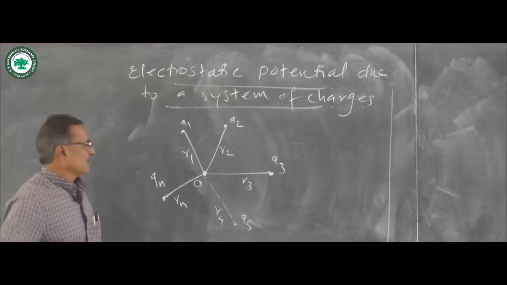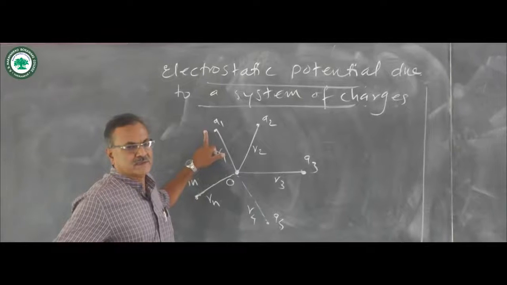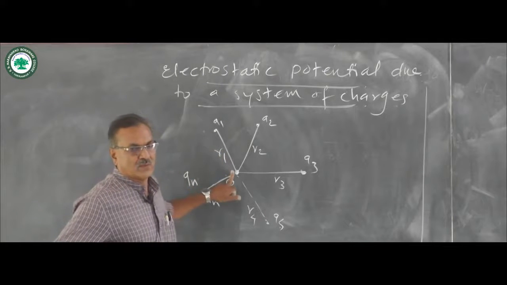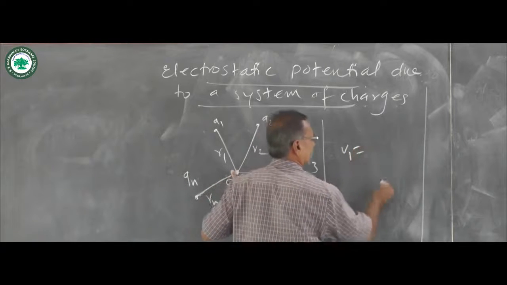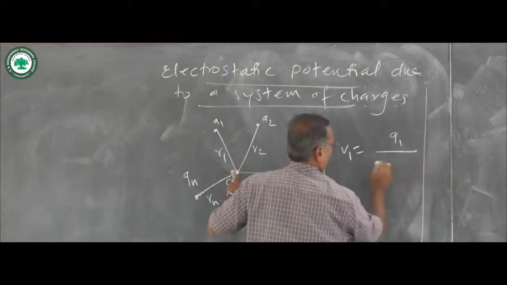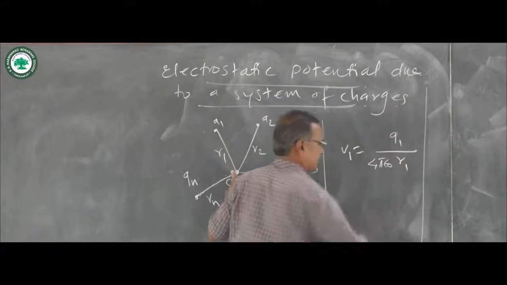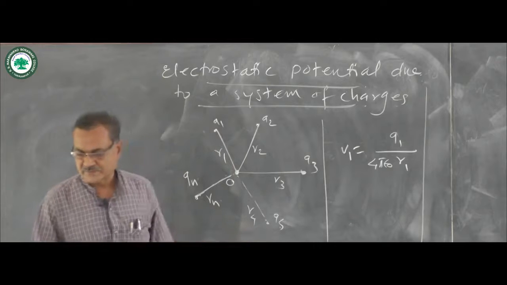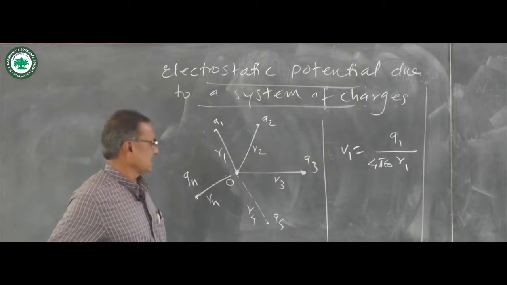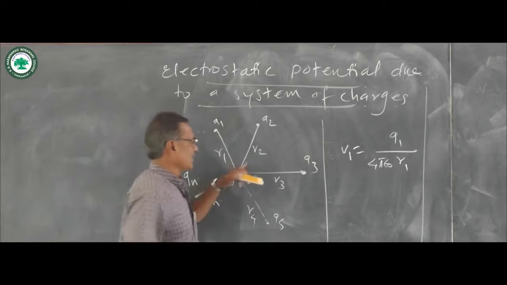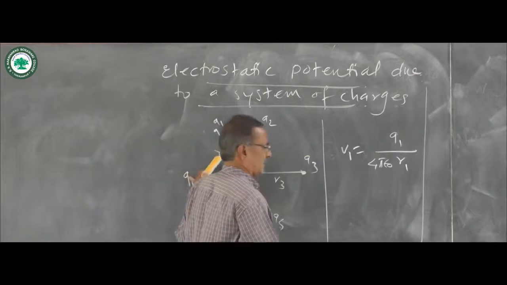Suppose the electrostatic potential due to the charge Q1 situated at distance R1 from O. In this case the potential V1 is, as per the earlier equation, Q1 upon 4 pi epsilon naught R1. Similarly, the potentials due to charges Q2, Q3, Q4 and Qn.